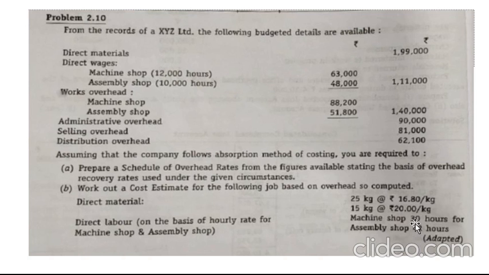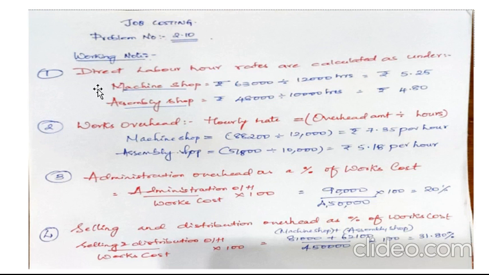So you need to find out for 30 hours what is the per hour rate and for 42 hours what is the per hour rate. So how are you going to find that is by the schedule, that is your working note. You'll be finding the calculation to find out your per hour rate for these machine shop and assembly shop for your estimated cost sheet. So direct labor hour rates are calculated as under.